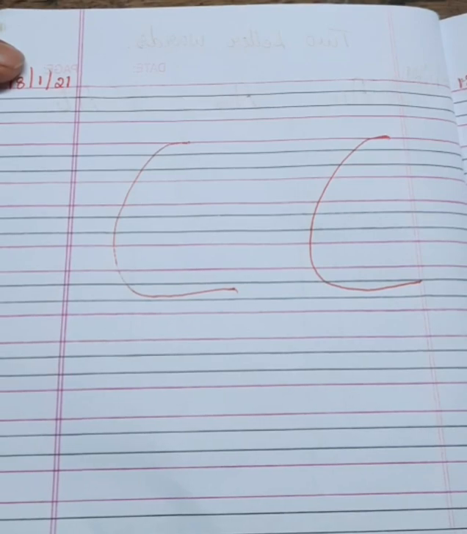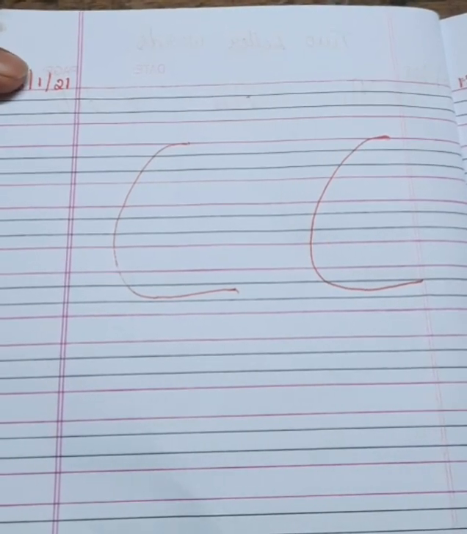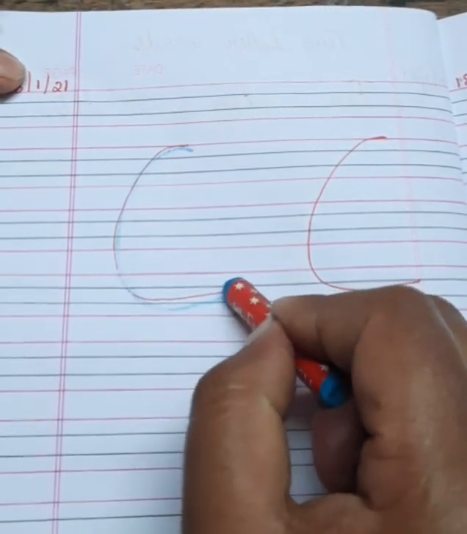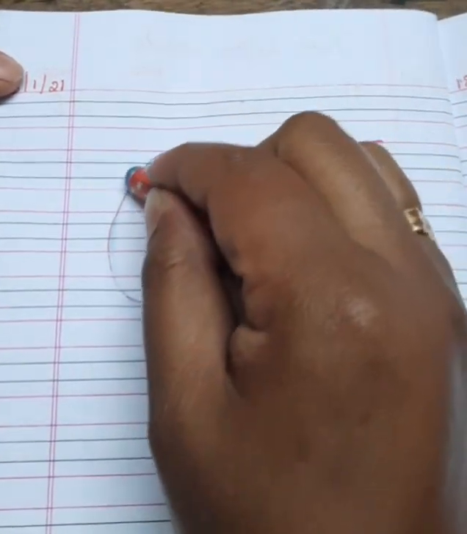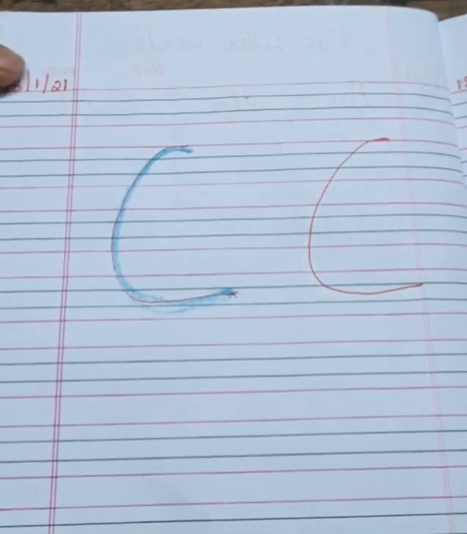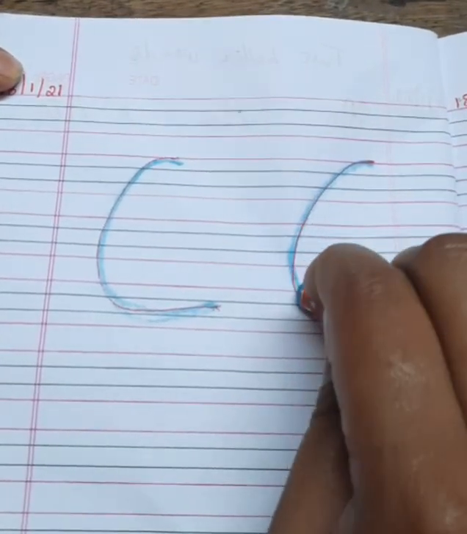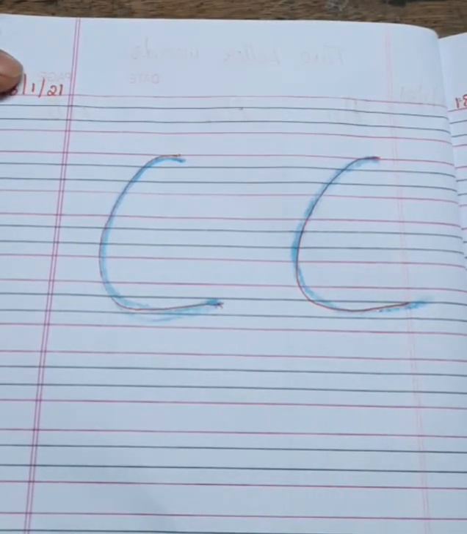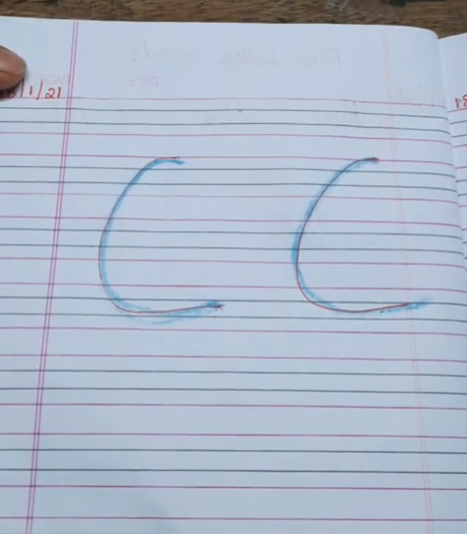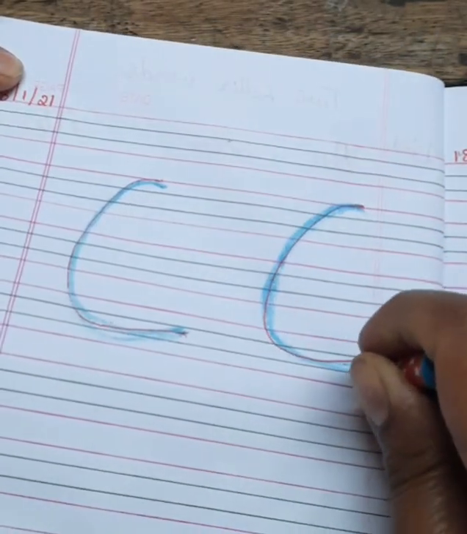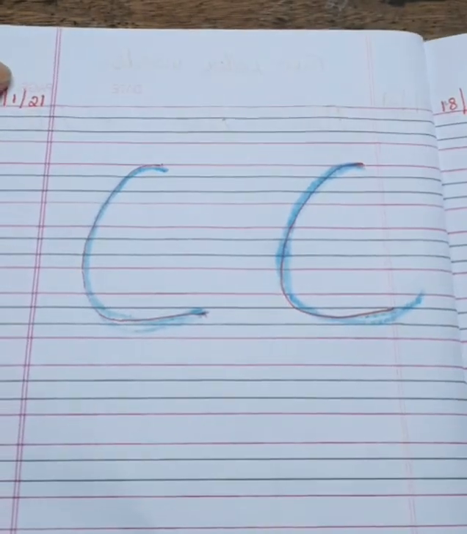Shall we color or trace on that, children? Yes. See here. C. Can you see? Yes, this is the letter C. We'll trace from the top and the curve comes down. This is the letter C. Okay. Yes.